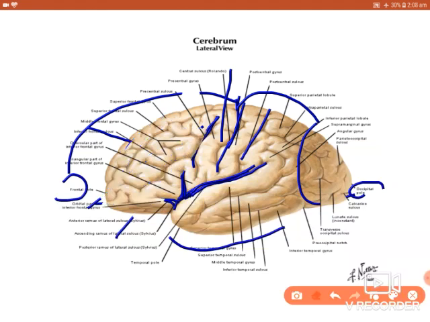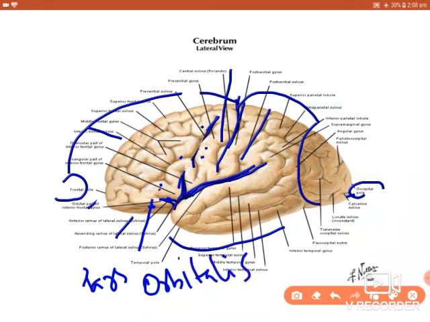Then in this inferior frontal gyrus, you can see the anterior and ascending rami of the lateral sulcus. The part of the gyrus anterior to the anterior ramus is called the pars orbitalis. Between the ascending and anterior rami, this part of the gyrus is the pars triangularis.